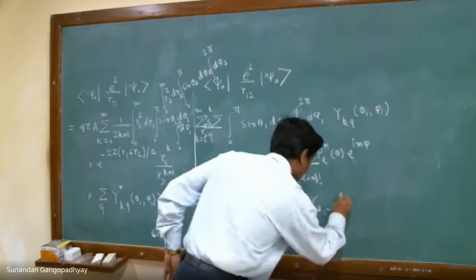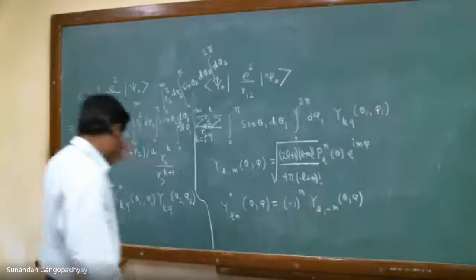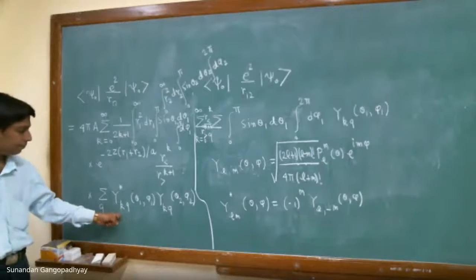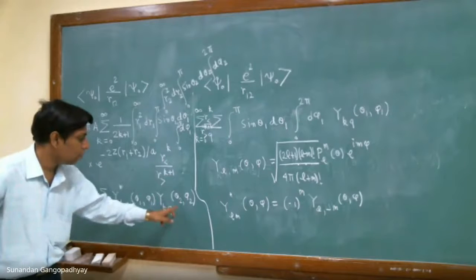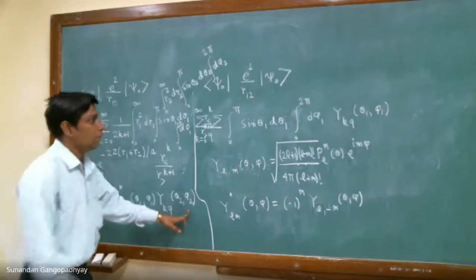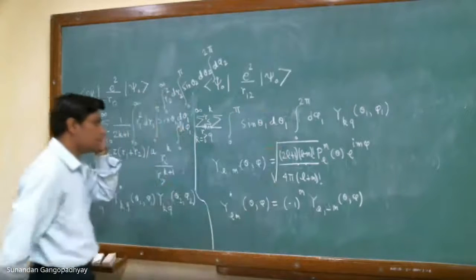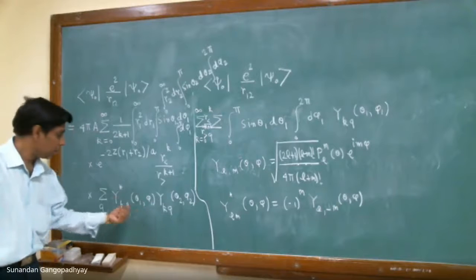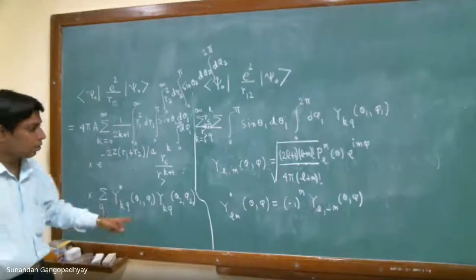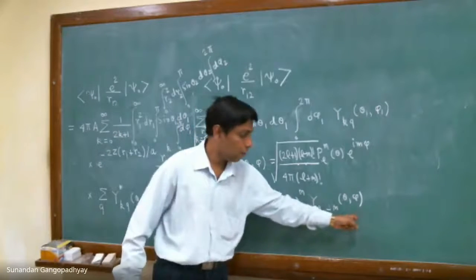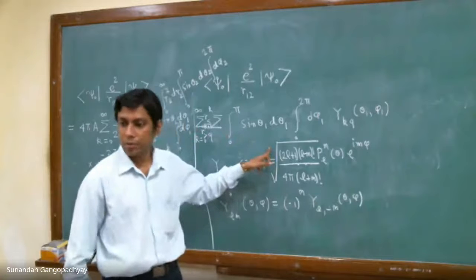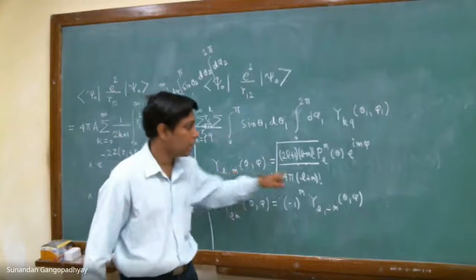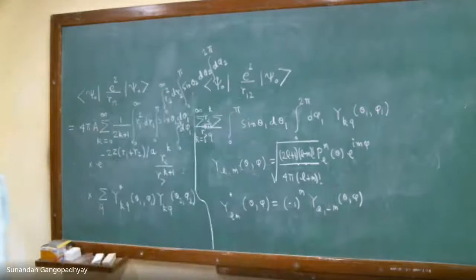When you try to do this integral, this is Y_kq(θ2, φ2), so you can do it by using the relation that I've already talked about. But this integral is over θ1, φ1, and this is a Y star. So what you do first is convert Y star to Y_l,-m(θ1, φ1), and then you use the relation between the spherical harmonics and the associated Legendre polynomials. If you do that, you can immediately see what the result is now.